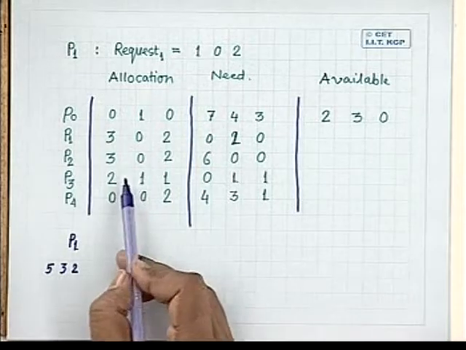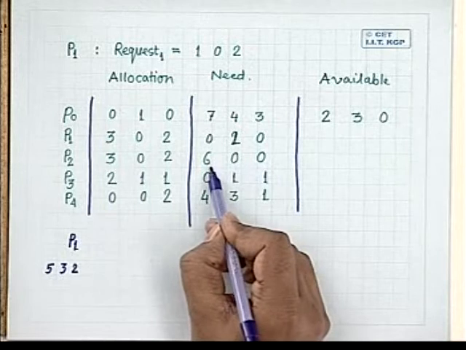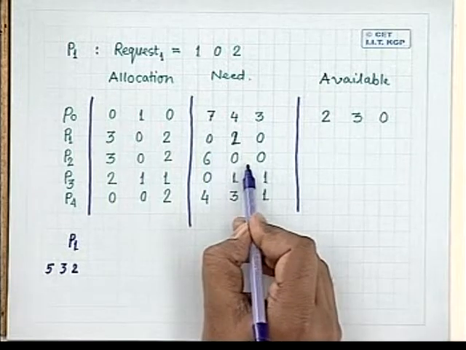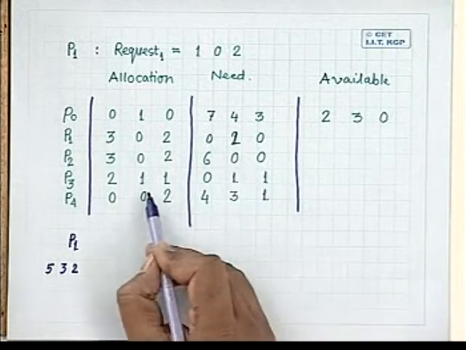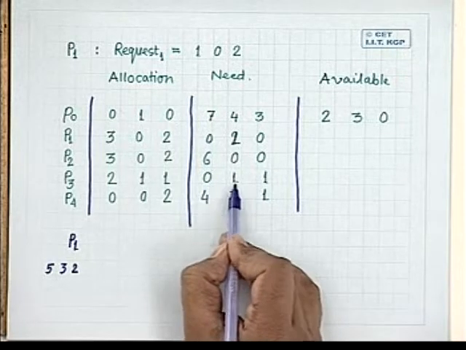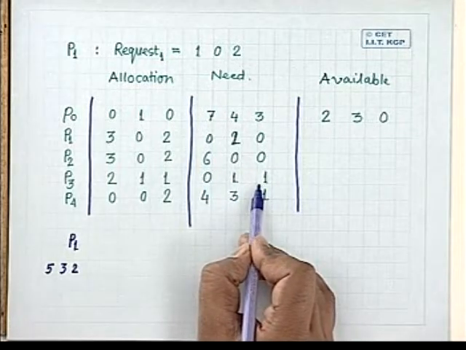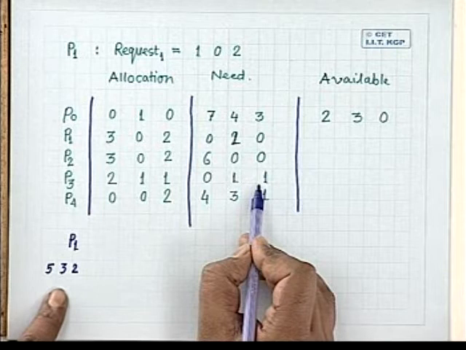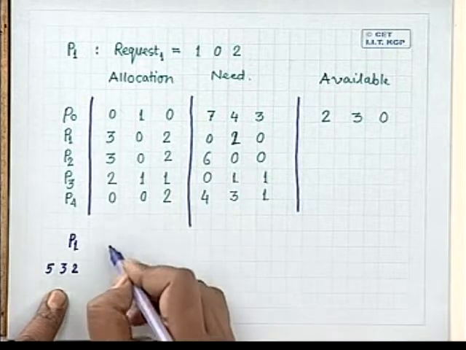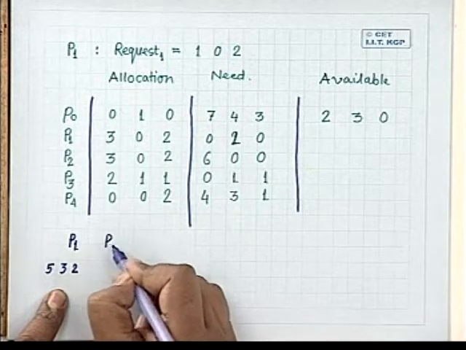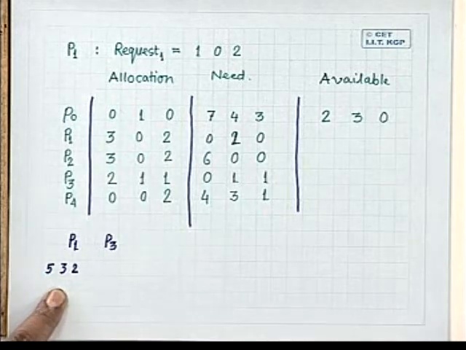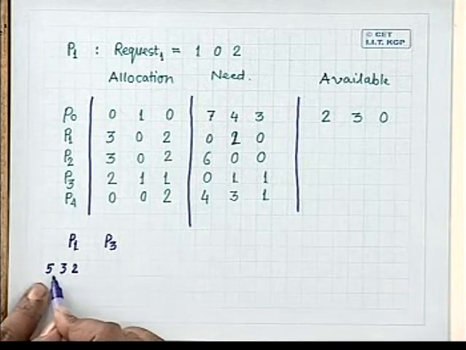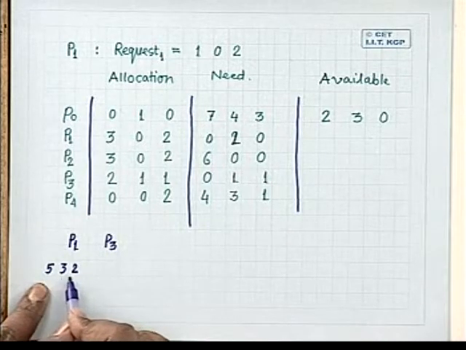Okay. Come to process P2, future need is 600, which cannot be met. Come to process P3, future need is 011, which is less than or equal to 532. So process P3 can also complete. On completion, the available resources will be, currently available is 532.